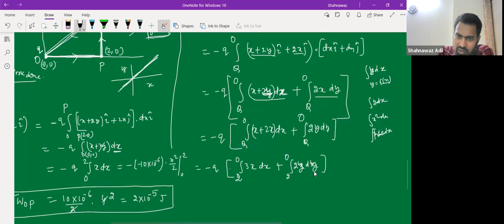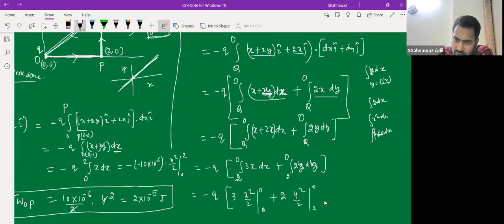So this integral would be how much? Minus q, and this is 3x, so 3 is outside. This is x square by 2, from 0 to 2. And this is 2 outside, y square by 2, and again 0 to 2.